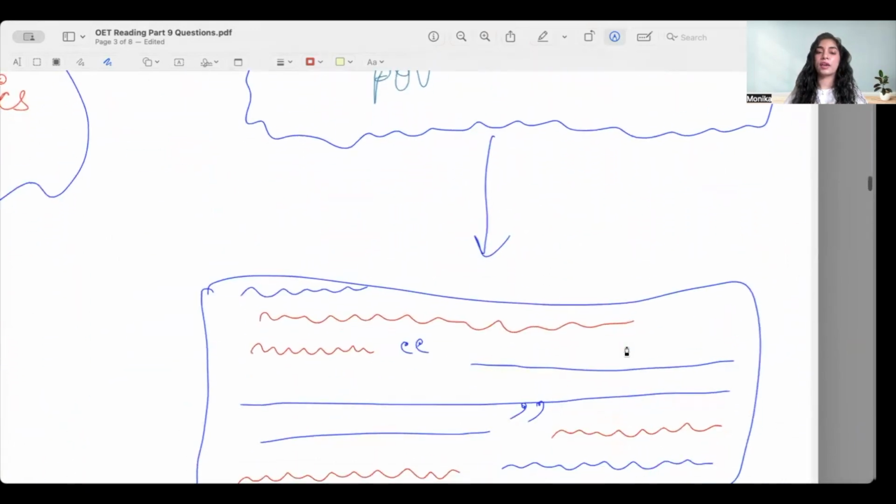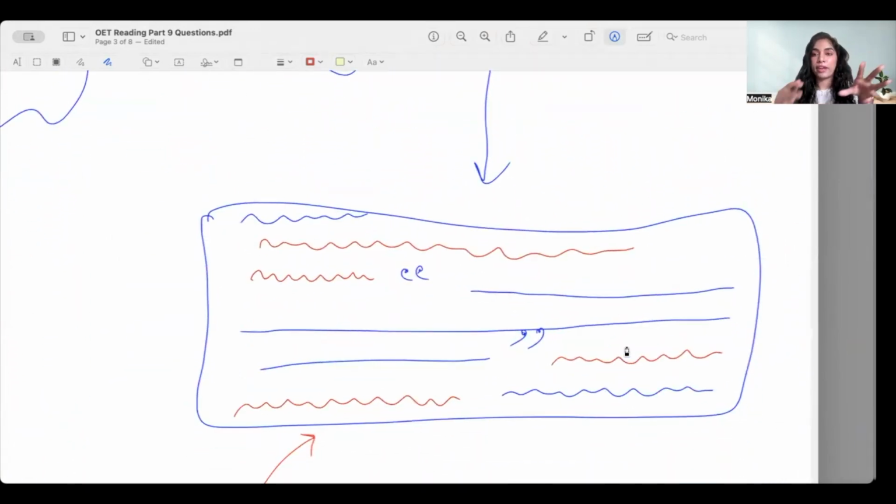In order to figure that out, you need to understand wherever the writer is using any of those things: study, research, data, quotes, examples, whatsoever. For example, here, I've used a quote, you can see, right? By somebody else. And I've highlighted the sentence right before the quote, and I've also highlighted the sentences right after the quote.